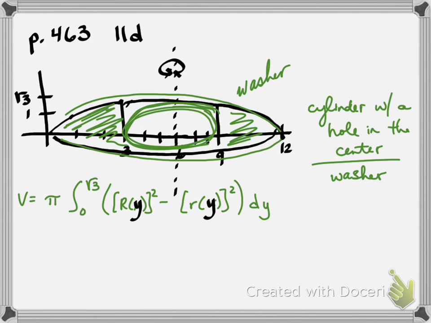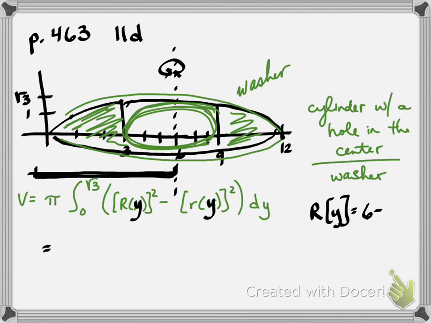So if we just focus on this bit until we get to that line of rotation, so just this side, the outer radius is, I'm going to do the entire outside of the curve. So I want from 6, so r of y is 6 minus the function, so right minus left.